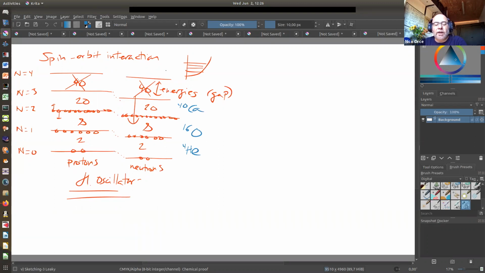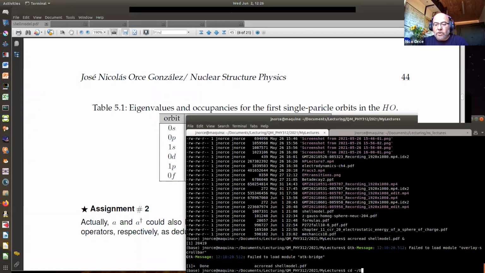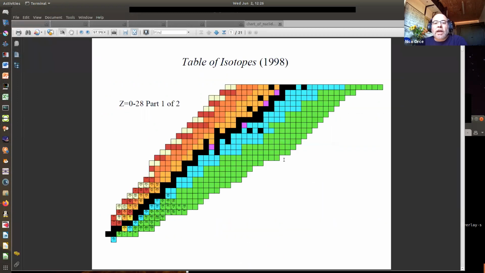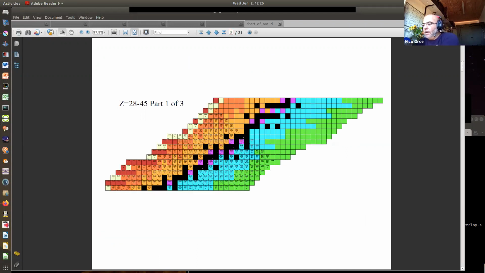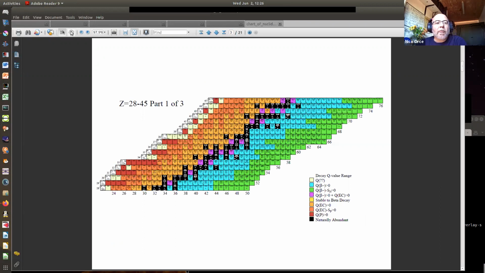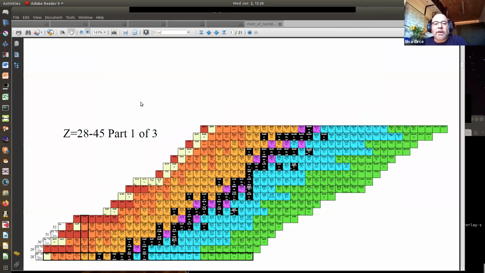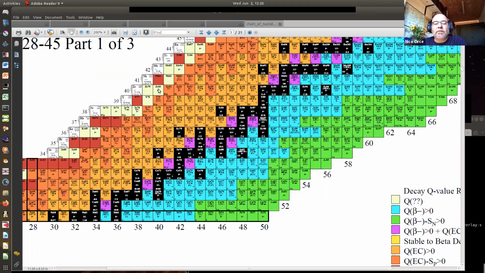That will correspond to, let's look at the chart of nuclei. Let me go to documents and then Acrobat Reader, chart of nuclei. And then here we got the 30. Let's go to the 40. Zirconium 80 is here, which is very unstable.